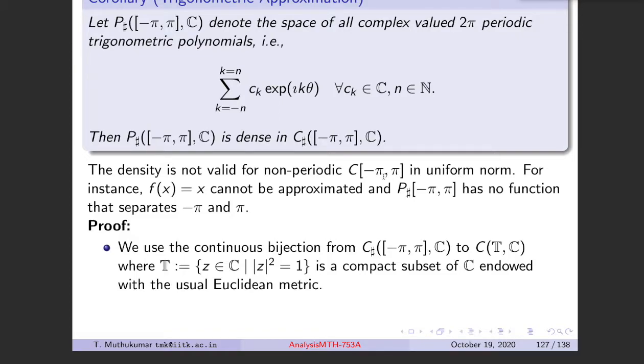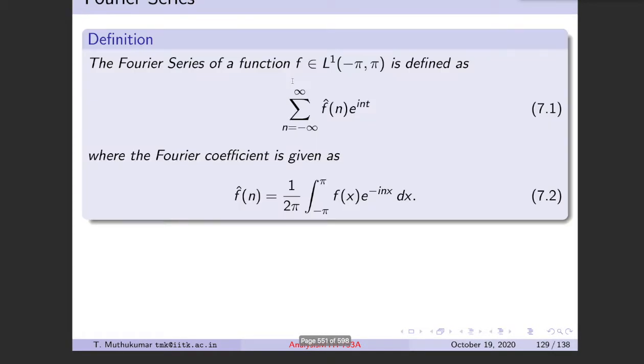All these continuous functions or even L2 functions can be approximated in the L2 norm by trigonometric polynomials. This is what the Fourier series subject tells you. If you do a Fourier series course, you would have seen that. So that takes us to the definition of Fourier series.